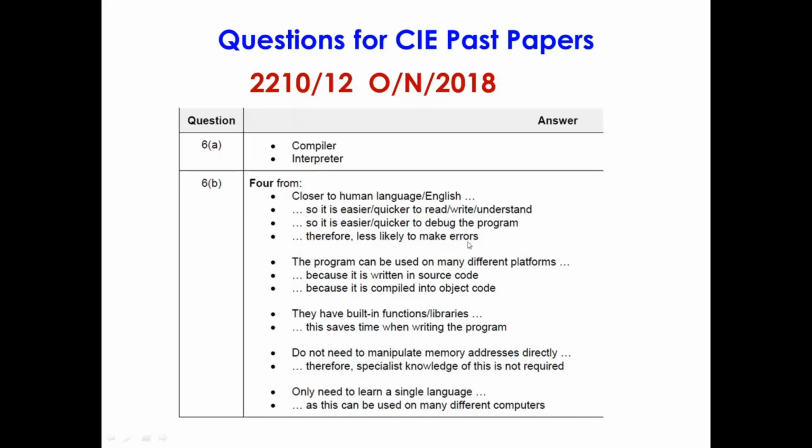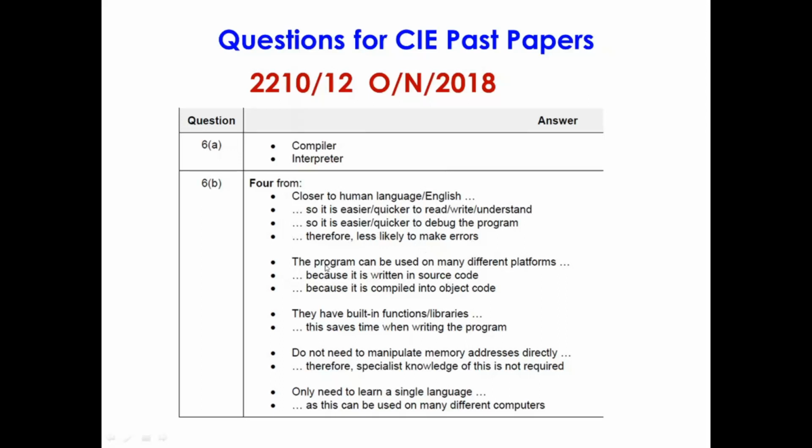So this is justification. You have to write a reason. It's closer to human language, so it's easier to read and write. It's easier to find the errors. Debug means to remove the errors. So there will be fewer errors.